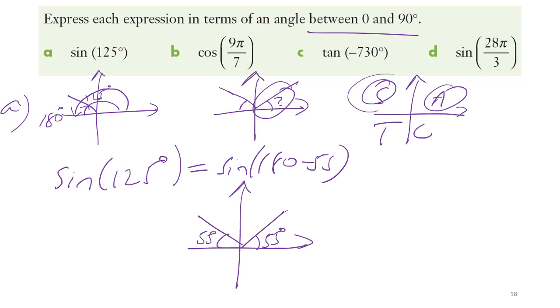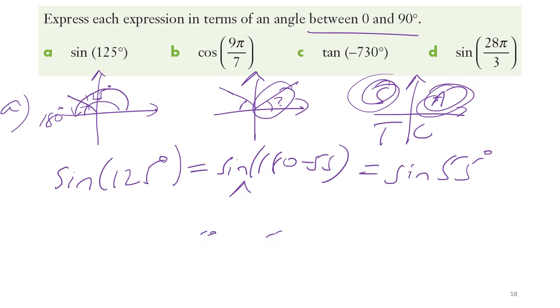They're positive here, they're positive here, which means it will be the same as sine 55 degrees. Very important that you can do these questions. Let's do another one. Let's do part B.